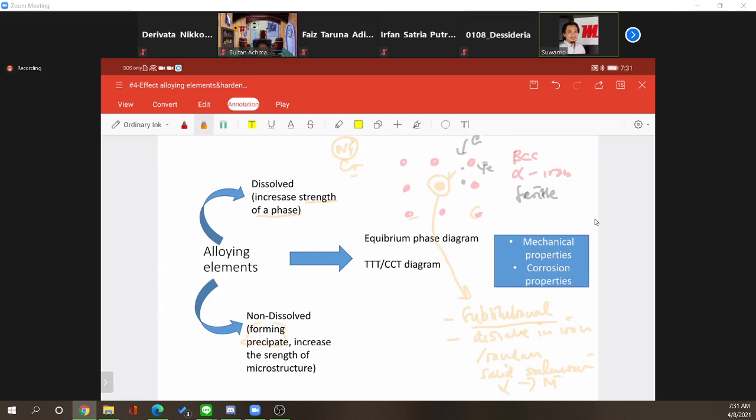If there is too much nickel, for example, there will be formation of another phase, where nickel is arranged in a regular way like that, and this becomes some other compounds.